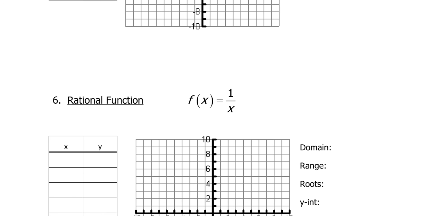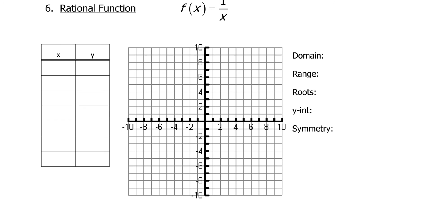Alright, last one. We've got our rational function. On this one, if we tried to start at the origin, we'd wind up with a point that's actually undefined. We are going to have 1, 1, 2 and 1/2, and 3 and 1/3.